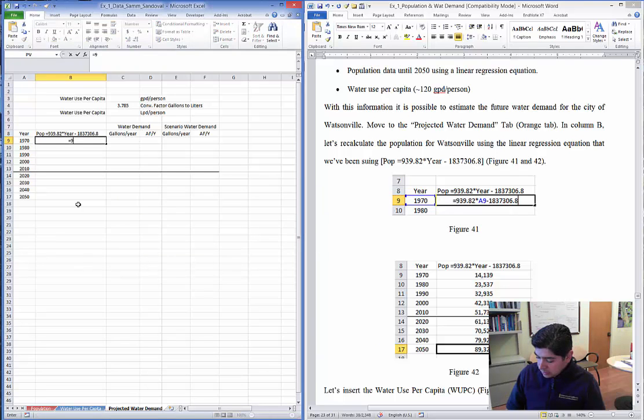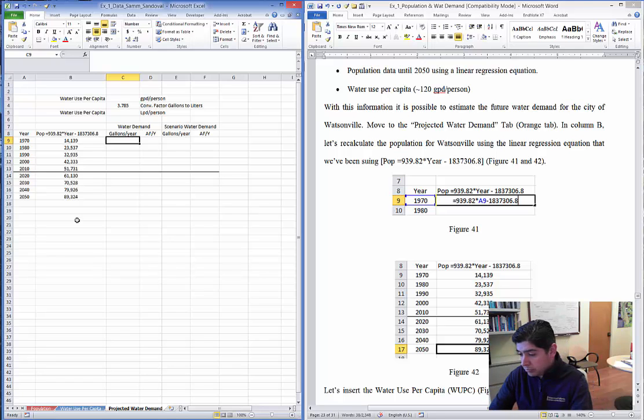So it's 939.82 times the year minus 183,730.6.8. Okay. So we have estimated the population.